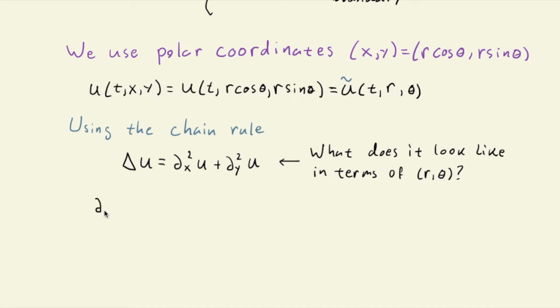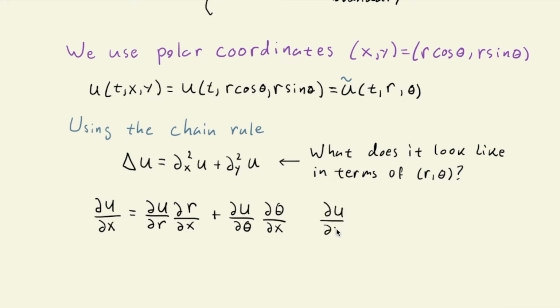So for example, we know that we can write the partial derivative of u with respect to x using the chain rule as the partial derivative of u with respect to r times the partial of r with respect to x plus the partial derivative of u with respect to theta times the partial derivative of theta with respect to x. A similar thing holds for y: partial u, partial y is partial u, partial r, times partial r, partial y, plus partial u, partial theta, times partial theta, partial y.